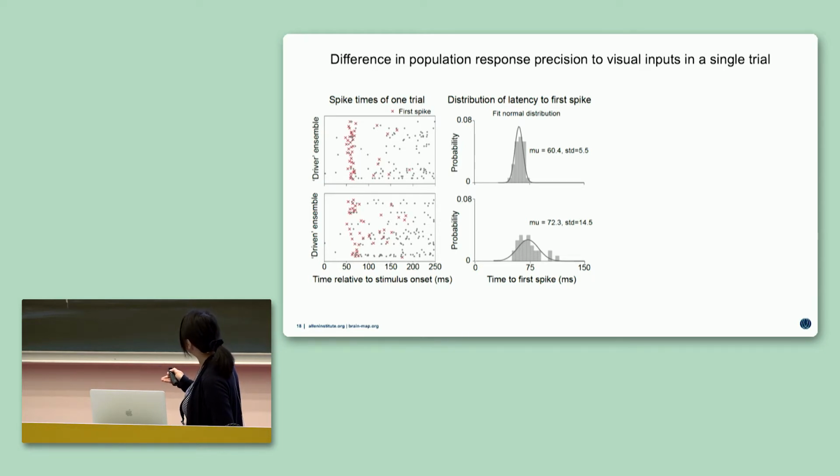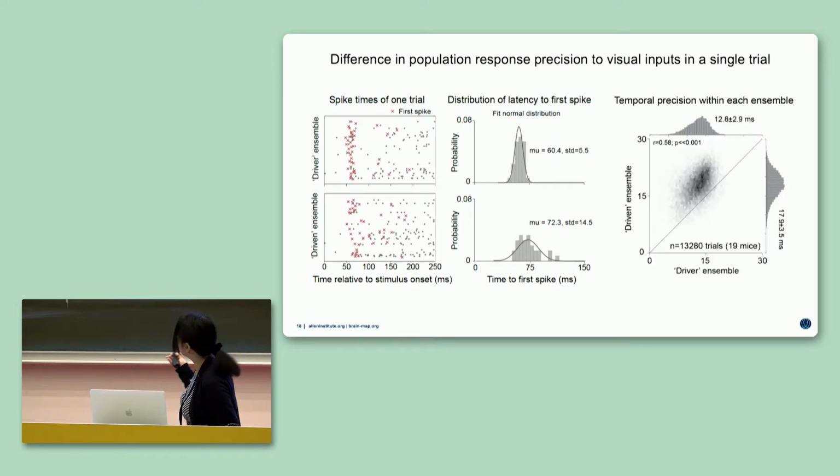You can already visually see the time to first spike in the driver ensemble is more precise in response to visual input compared to the driven ensemble. I quantified the distribution as the standard deviation of the distribution.